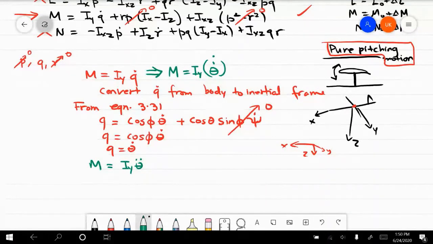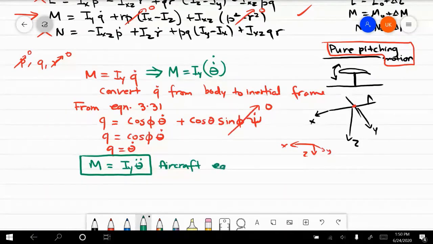So this is the equation of motion for a pure pitching motion. Okay, so this is the aircraft equation of pure pitching motion.